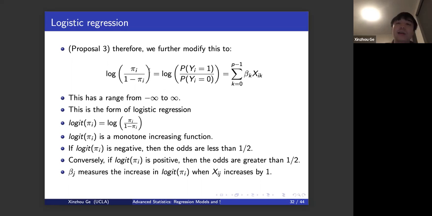So for each response i, we model the probability that yi equals 1 over the probability that yi equals 0. We model this ratio using this linear combination.